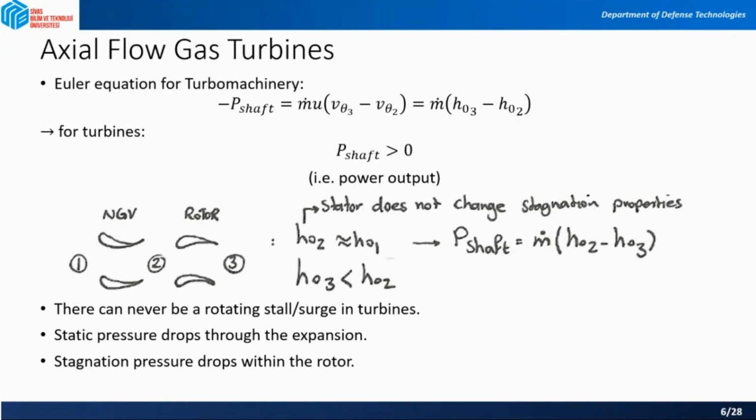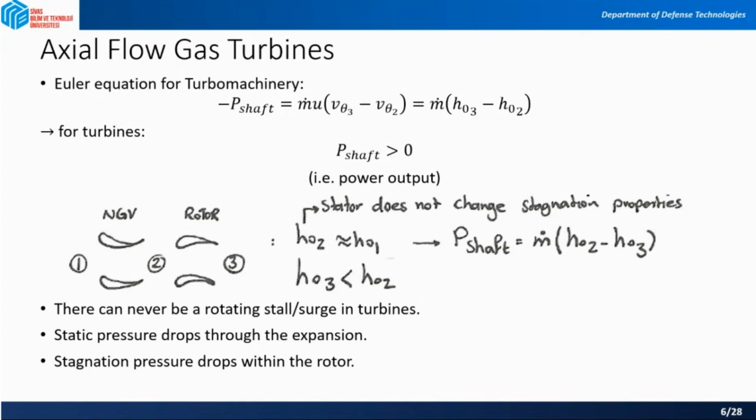Why we call it V theta 3 and V theta 2, you can refer to your old notes. It's the difference between tangential velocity that is happening in the rotor. And we said that this is equal to the change of the total enthalpy between station 2 and 3. And so for turbines, you will end up with a positive shaft power that is showing you that you have some power as output.